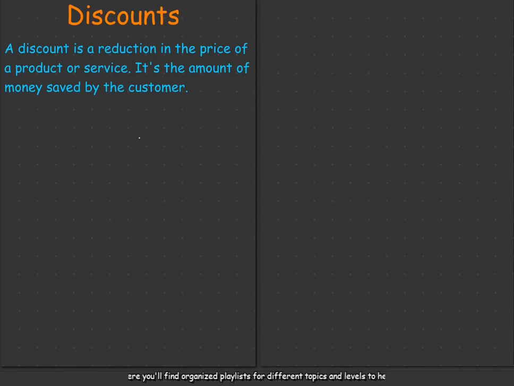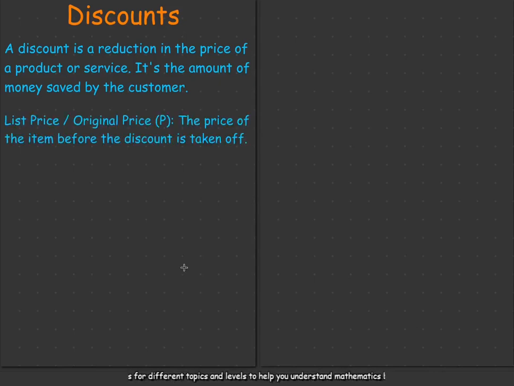Now, there are some key concepts you are supposed to know. First of all, discounts are always calculated as a percentage of the original price. And what is the original price?